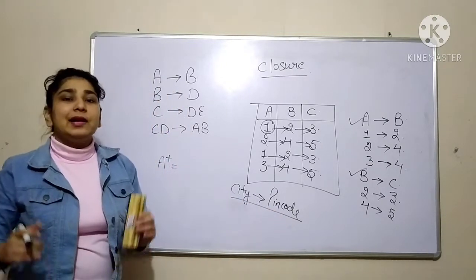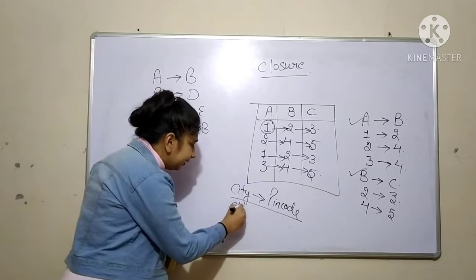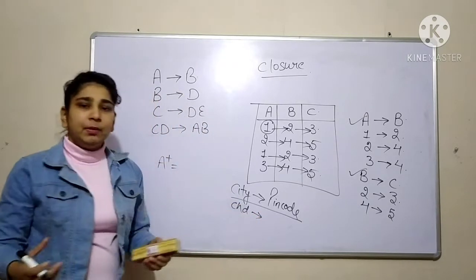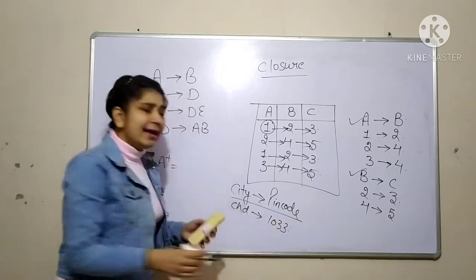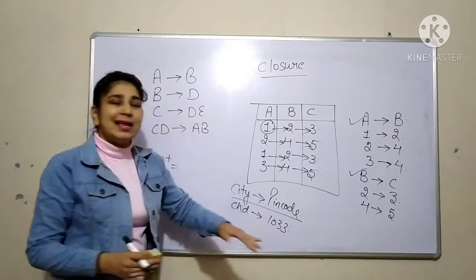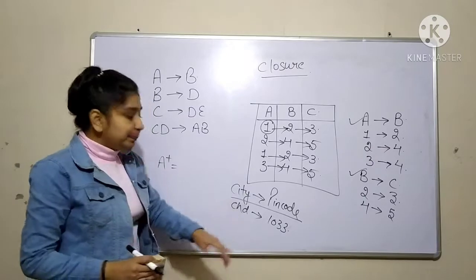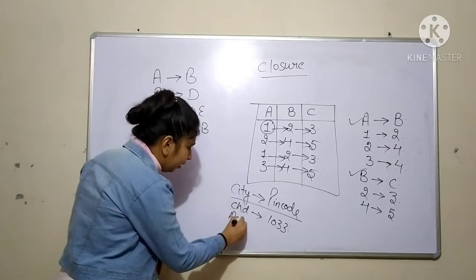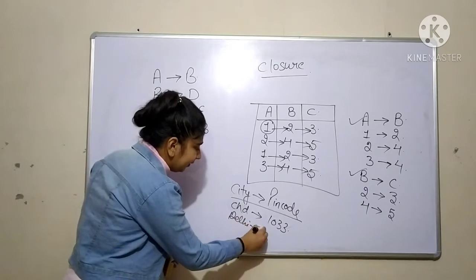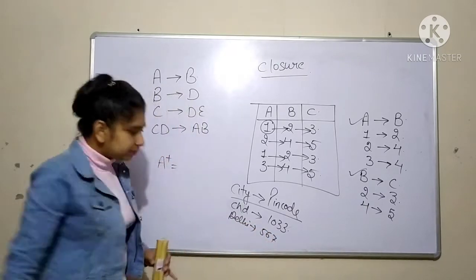If you are living in Chandigarh, it has some pin code, let's suppose 1033. I am just taking this as a pin code. If you are living in Delhi, it has another pin code, like 567.